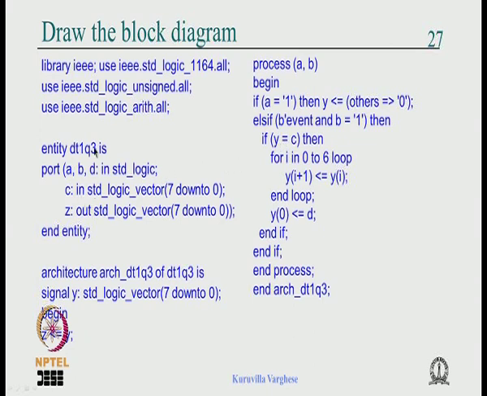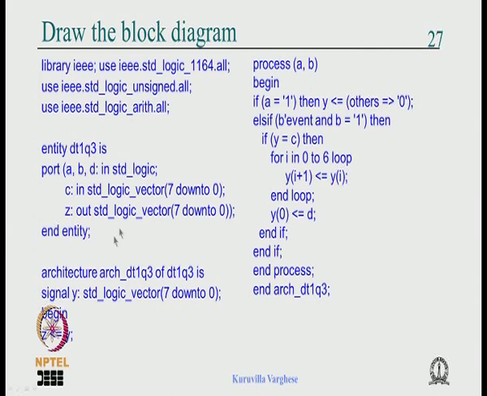And this is the entity, and in that we have three single-bit inputs A, B, D, one input C which is 8 bit, and one output Z which is also 8 bit. Now in the architecture we have given some name, arc underscore something, and we declare a signal Y which is also 8 bit.